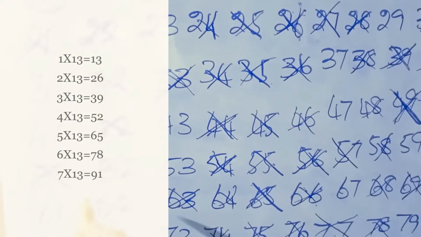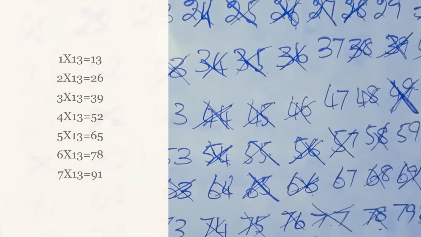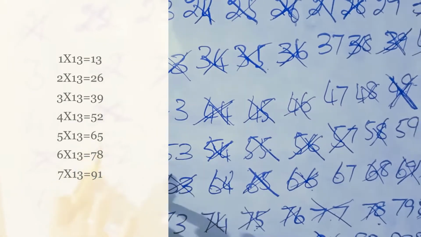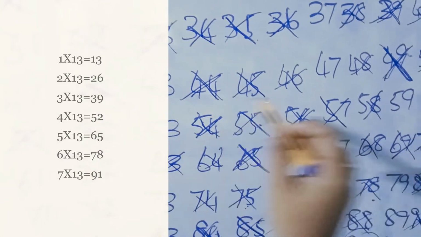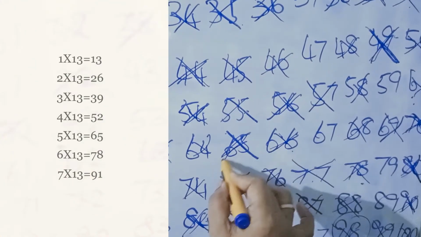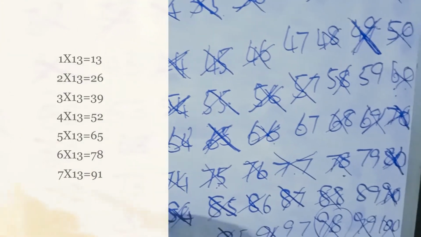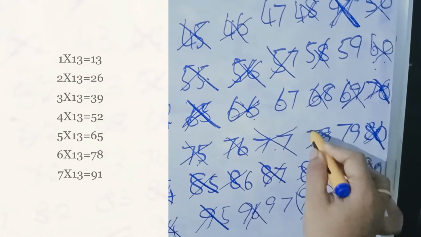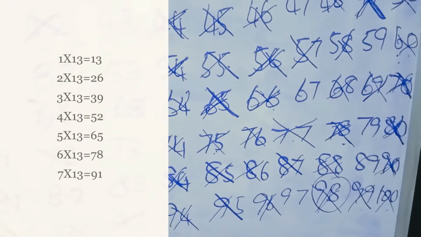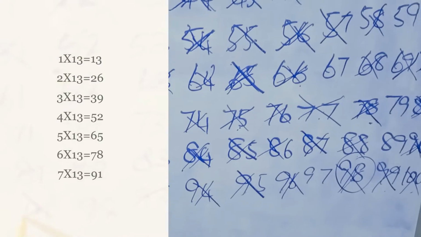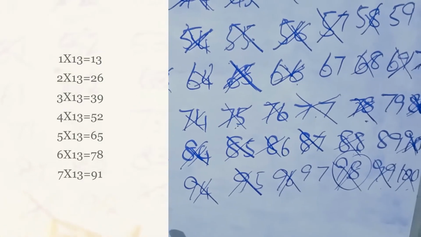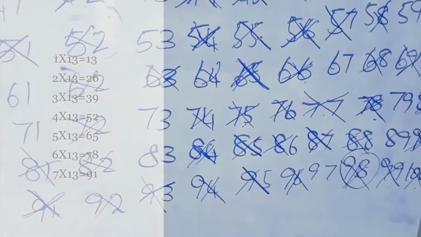Then you have to check 52 because this is a multiple of 13, this also we have crossed out already. Then 65 we have crossed out already. Then 78 is a multiple of 13, so we have crossed out already. Then you can check 91 is a multiple of 13, that also we have crossed out already.